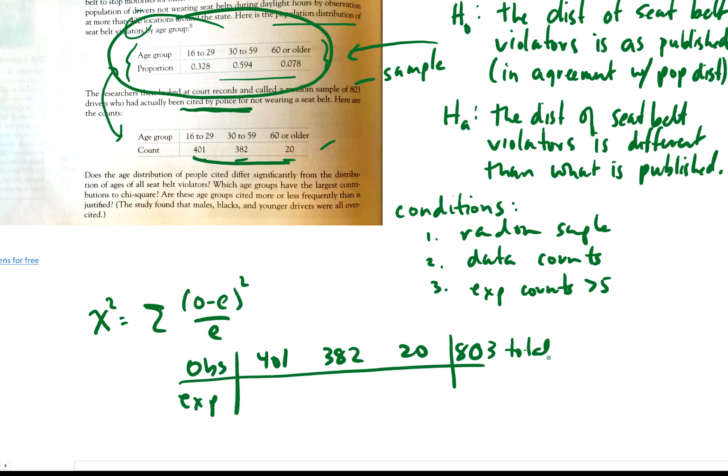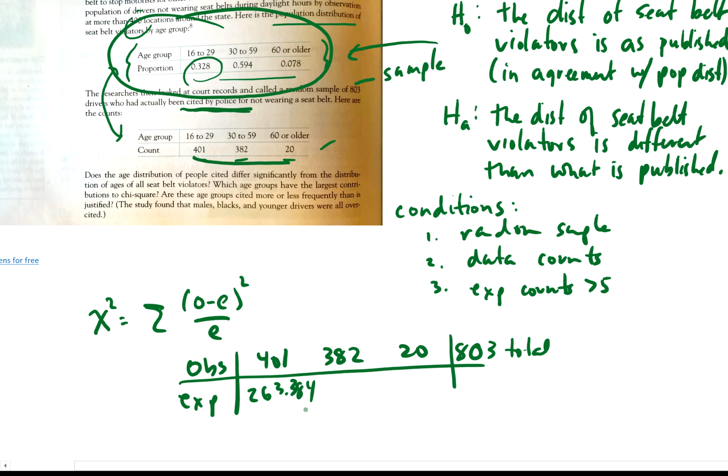How many would I expect 16 to 29 here? Well, I would expect 32.8 percent times 803, so I'd expect 263.384. I'm not going to round these, so I want this to be exact.